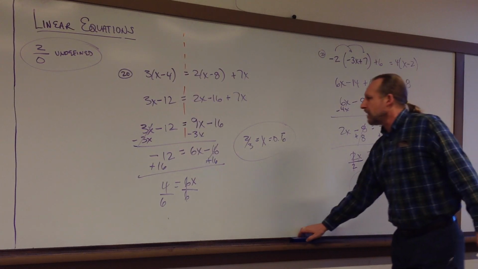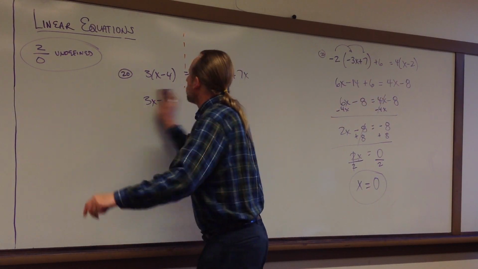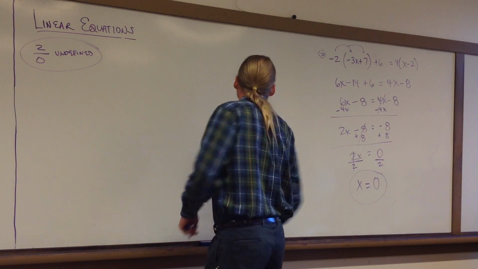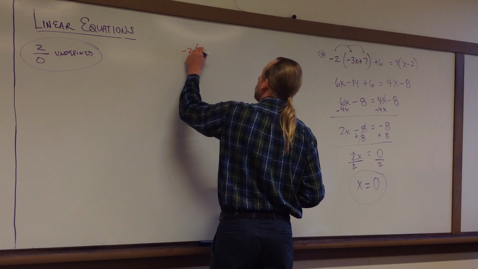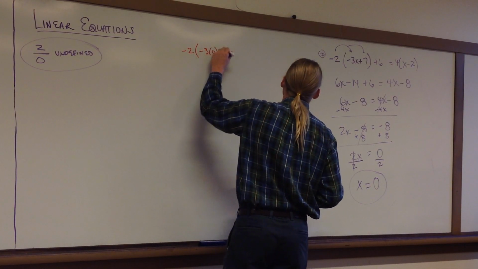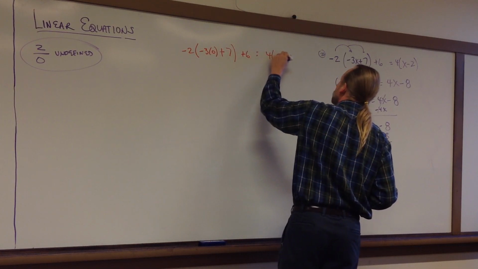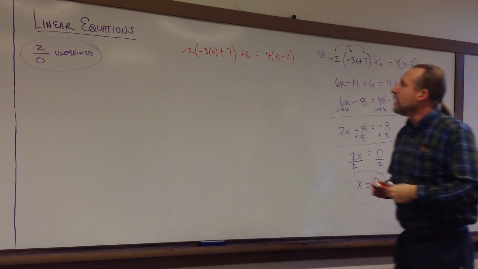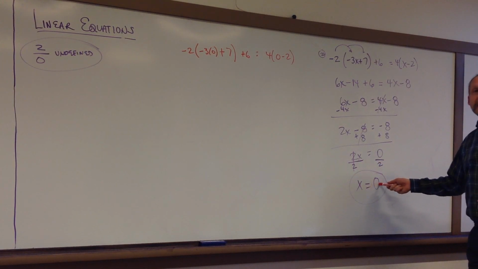And we can check this out. This is the last one, so I'll go ahead and check my answer by plugging 0 back in. Negative 2 times negative 3 times 0 plus 7. And then on the other side, 0 minus 2, right? So this is not saying that there's no answer. This is saying there is an answer.